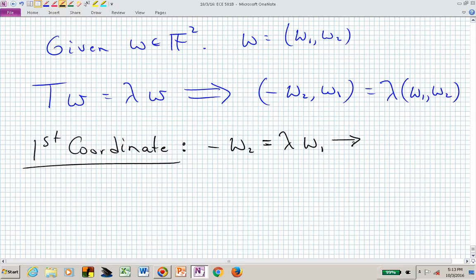Or we could multiply both sides by minus 1, and we have W2 is minus lambda W1.